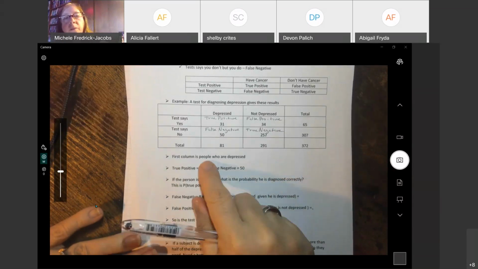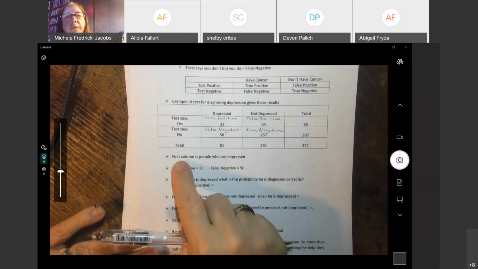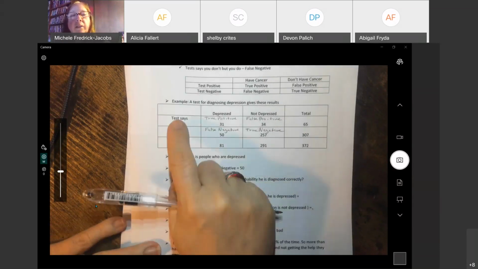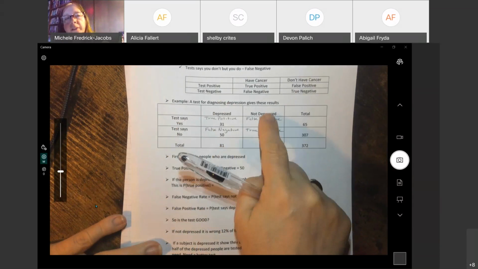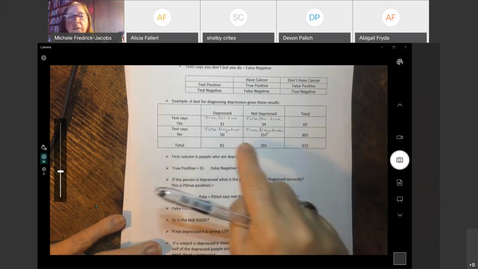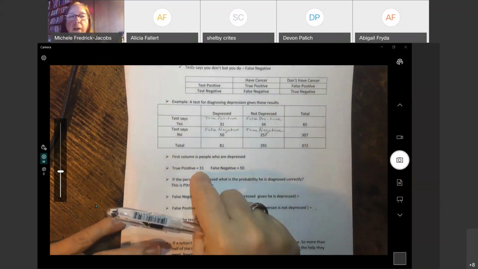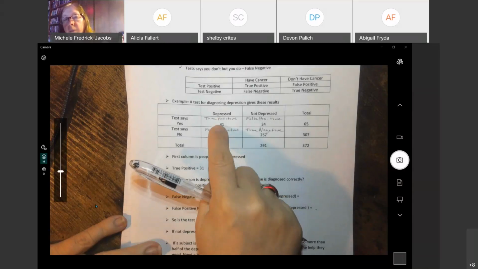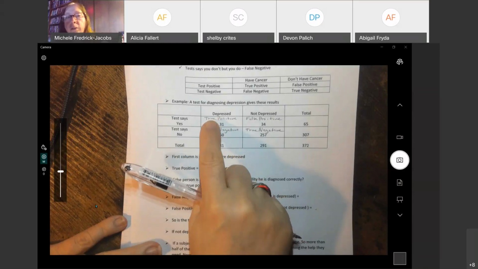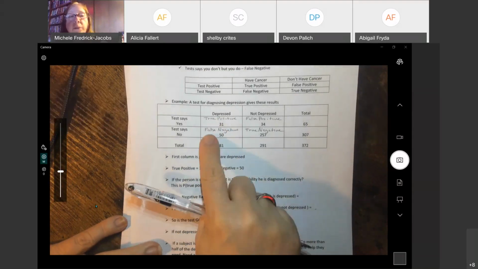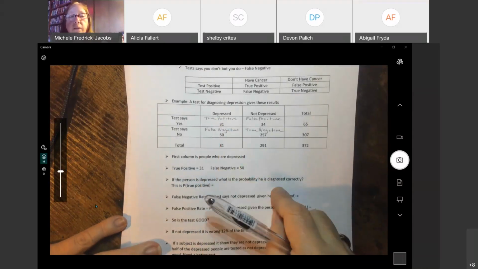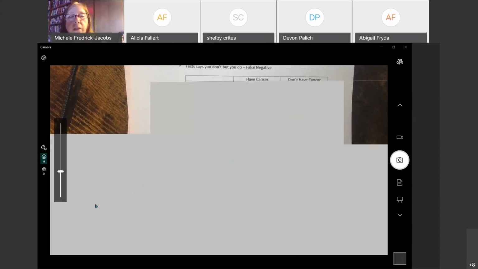So the first column, I kind of explained this already, but the first column is people who are depressed, and going across is your test. The true positive then were 31 people tested true positive, 50 people false negative.